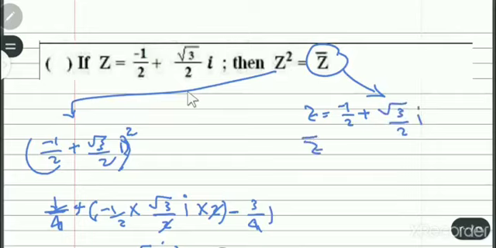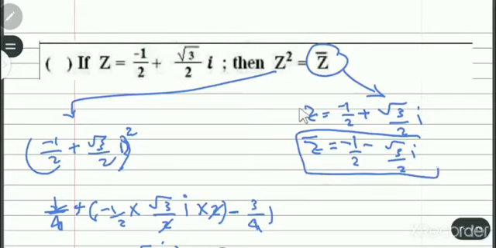So the conjugate of z: the real number is still as it is without any change, and here we just change the imaginary part sign. This is the imaginary part because we have here i. So instead of positive, it will be negative (square root of 3)/2 multiplied by i. So this is the conjugate of z.